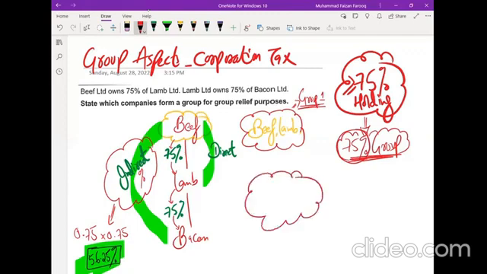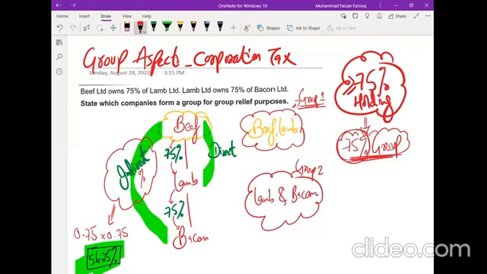But in this question, there is group number two as well. Lamb has 75% direct holding in Bacon, yes. So Lamb can share its loss with Bacon, and Bacon can share its losses with Lamb.